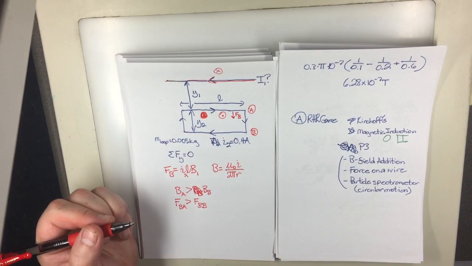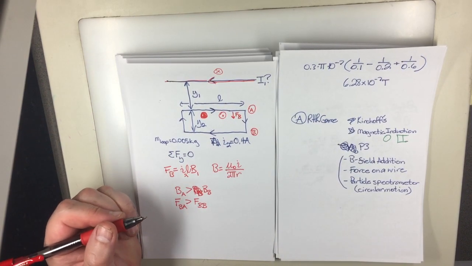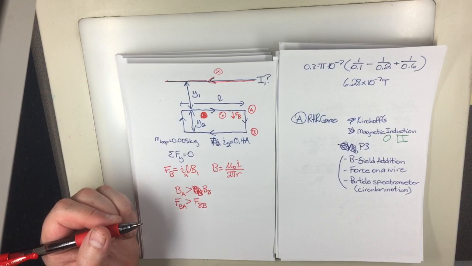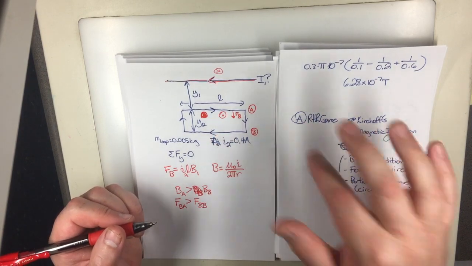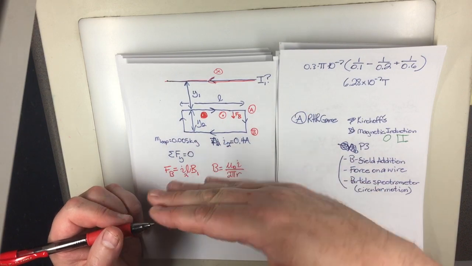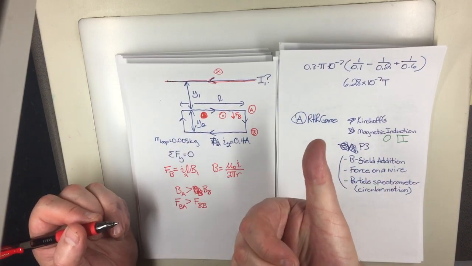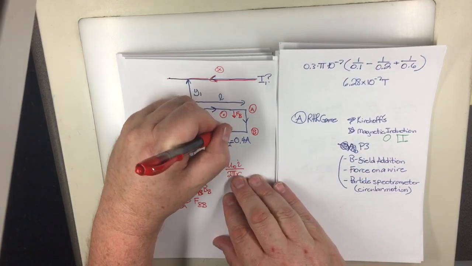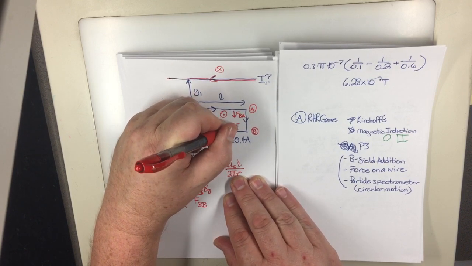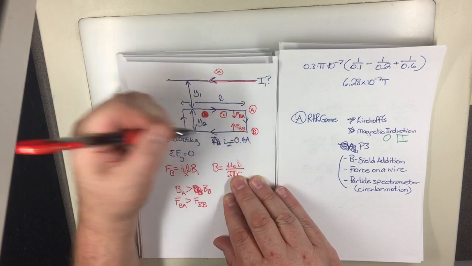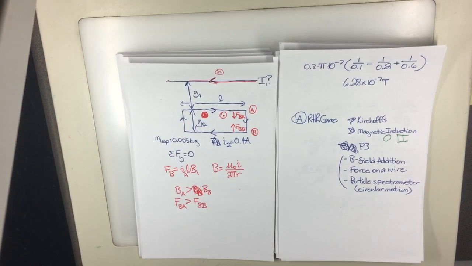And I know I'm going to hear groans coming up in about 5 minutes because I'm going to flip the whole thing over and change it. That current is going from right to left. The B field is out. So its magnetic force is up.